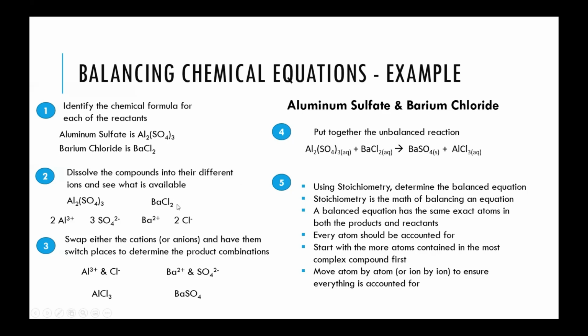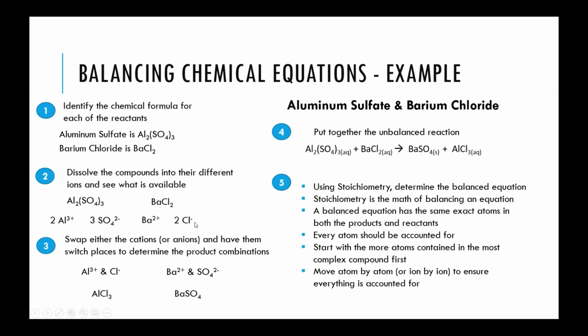Also in barium chloride, it's BaCl2, and this means there are 2 separate chloride ions. The barium is the central atom with the 2 chlorine atoms around it. These 2 chlorine atoms are not connected, so it does not break apart as 1 ion of Cl2. Cl2 is molecular chlorine gas, which is not what is in an ionic solid.